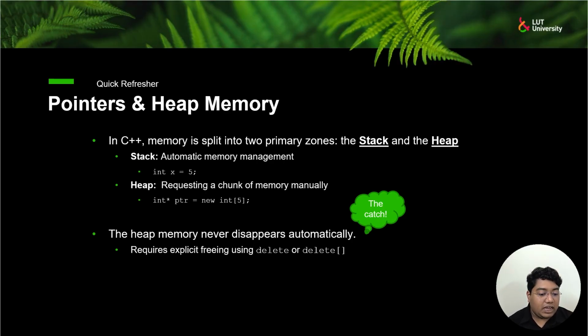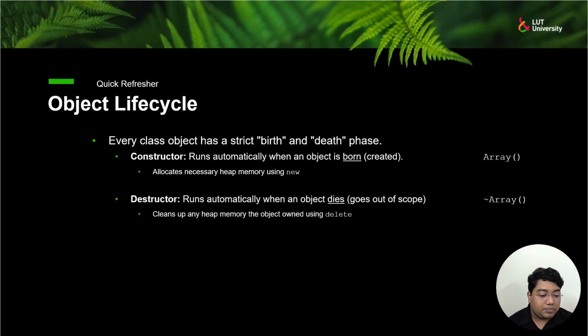It assumes that because you asked for it, you are also responsible for cleaning it up. If you forget to call delete or something like delete, the memory stays allocated, and that's what we call a memory leak. Keep that in mind because it's the main reason copying objects becomes really tricky.